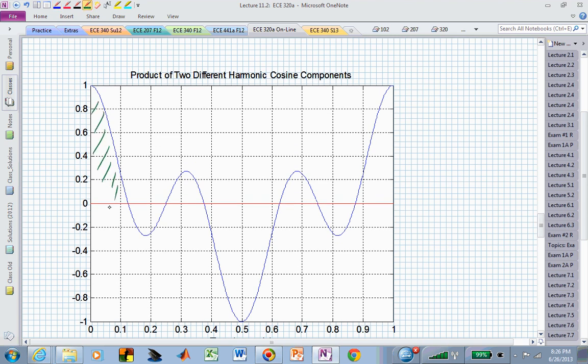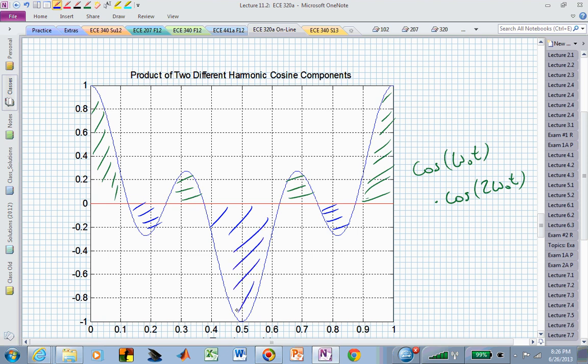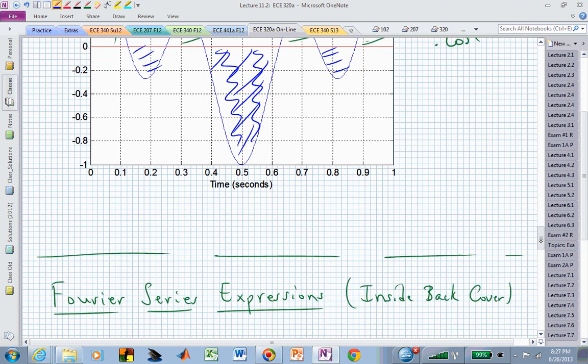Again, here's a cosine omega naught t times a cosine of 2 omega naught t picture, and we have this positive area being canceled by the negative area, meaning here's this little half piece, and this little half gets the piece closer to 1, but hopefully you can see that those areas now cancel each other out.